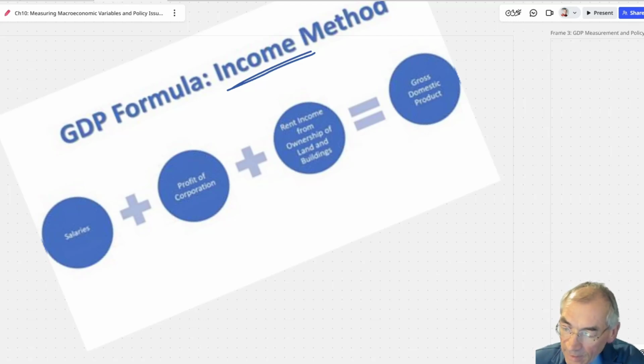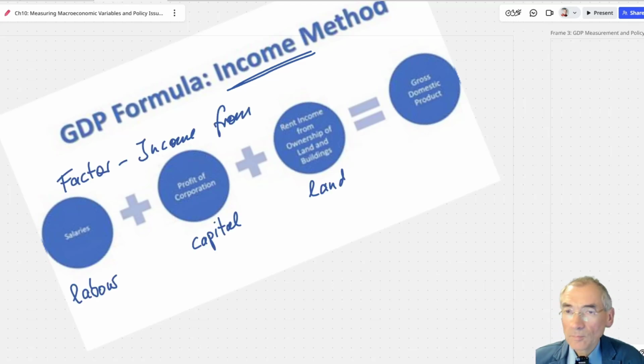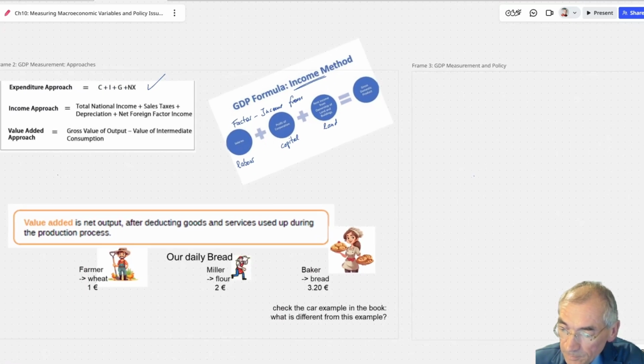And that's the salaries, and we could repeat salaries from labor, profit from capital income, and rent income from land owning. This is not 100% correct, because here it says equals gross domestic product, and we know from the last slide, no, it's national income, so a bit less than gross domestic product, what ends up as national income.